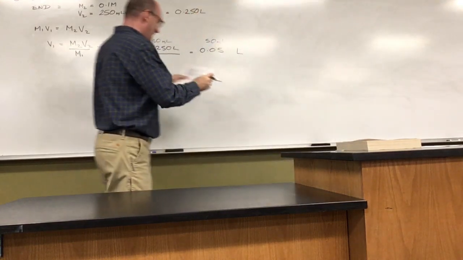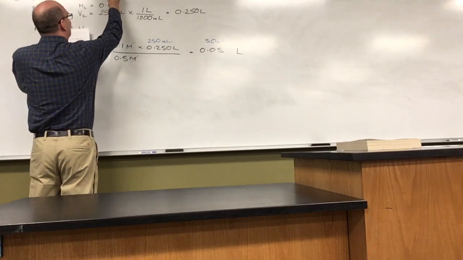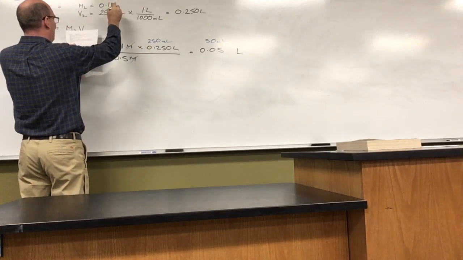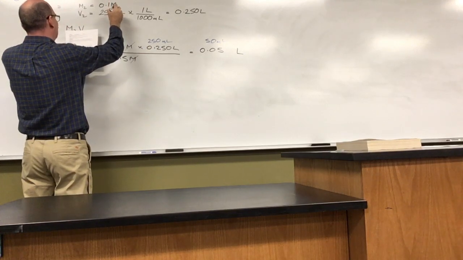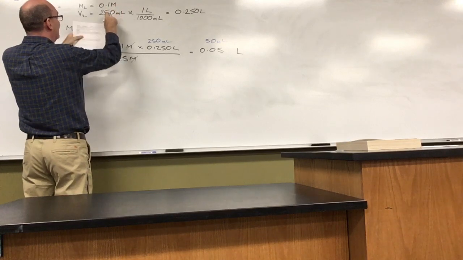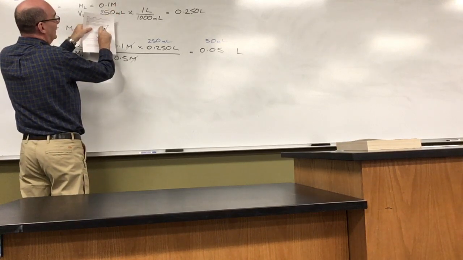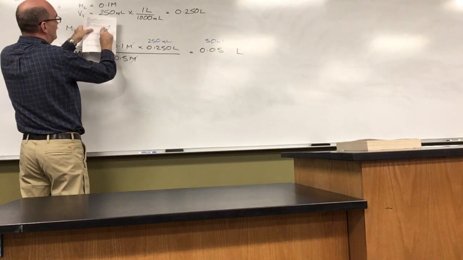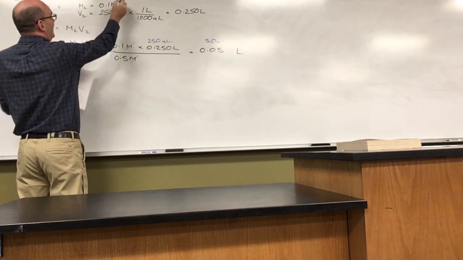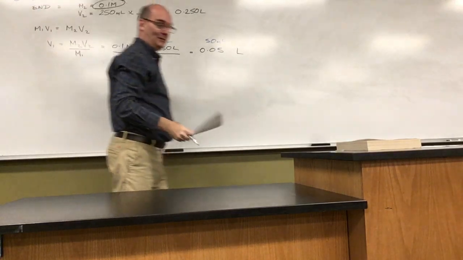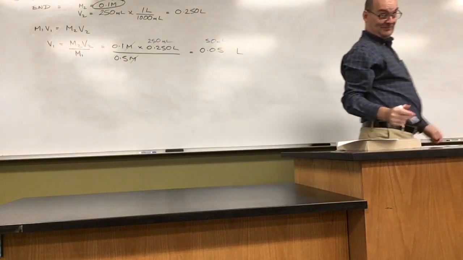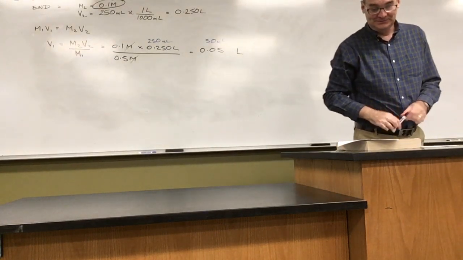Because look, it says in the question, I hate this, don't you all hate this? Oh, no, look, it says in the question, 0.1 molar NaCl, so there you go. That's my significant figures, limited to 1.